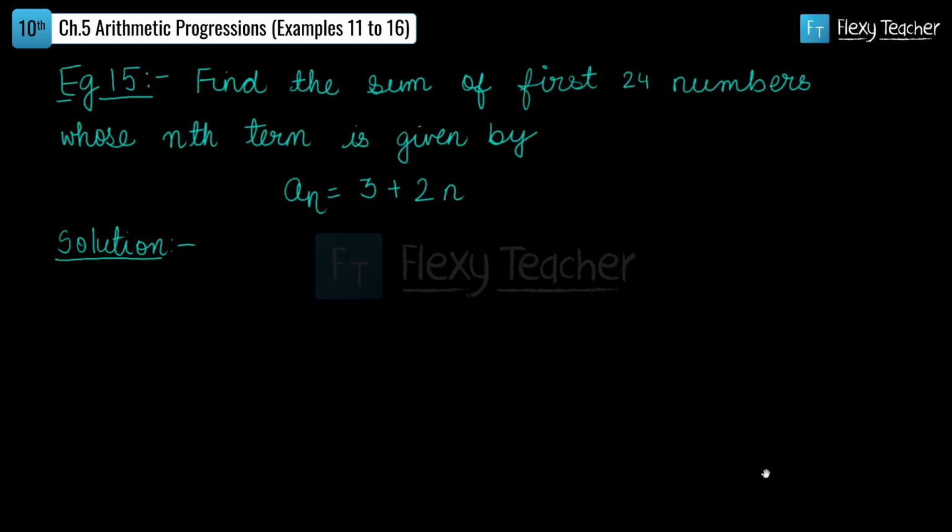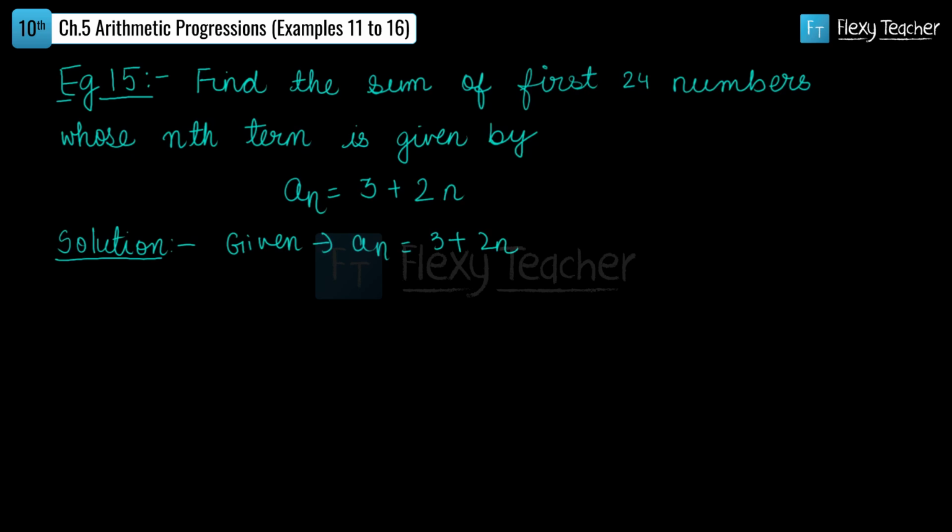Example number 15. Find the sum of first 24 numbers whose nth term is given by an is equal to 3 plus 2n. Okay, so हमारे पास यहाँ पे given है an is equal to 3 plus 2n for some value of n.